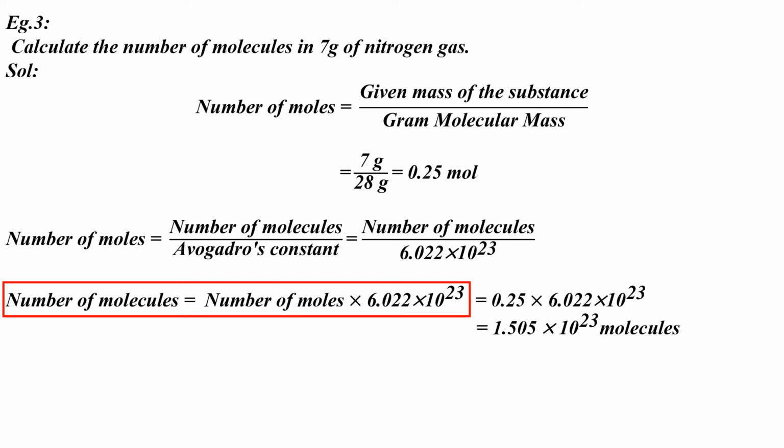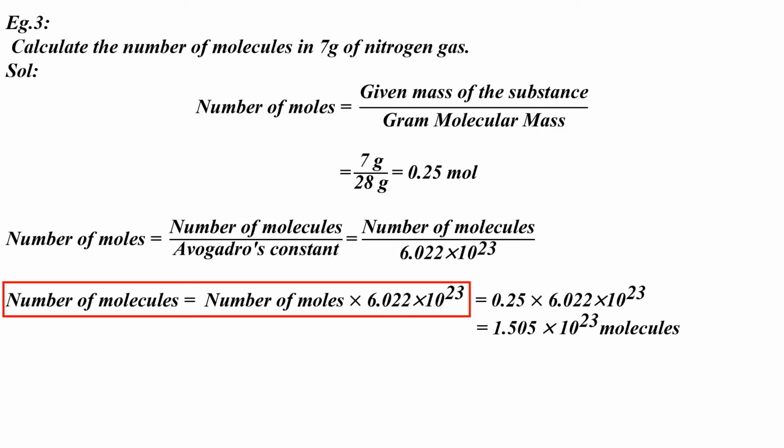We know in nature nitrogen exists as dinitrogen, N2, which is a molecule. So its gram molecular mass is obtained as the sum of the atomic masses of the two nitrogen atoms. The mass of one nitrogen atom expressed in grams is 14 grams.